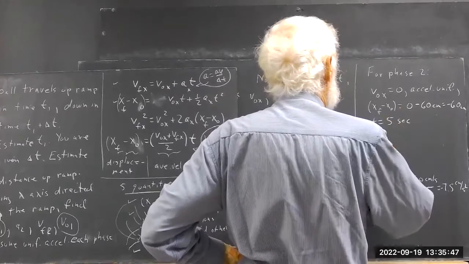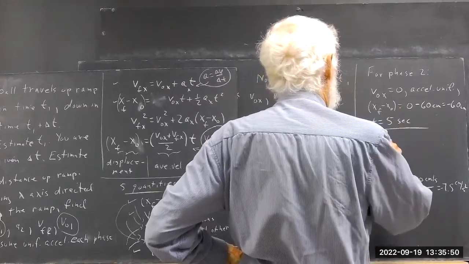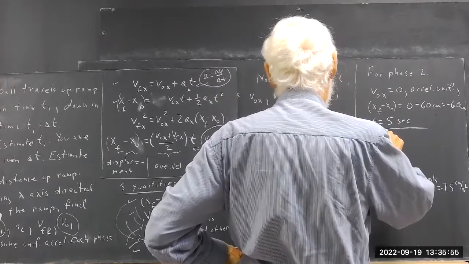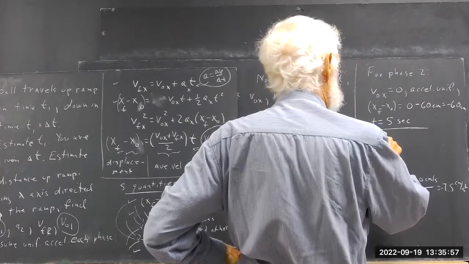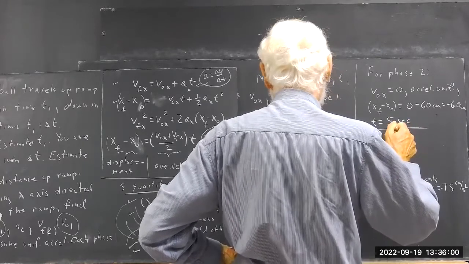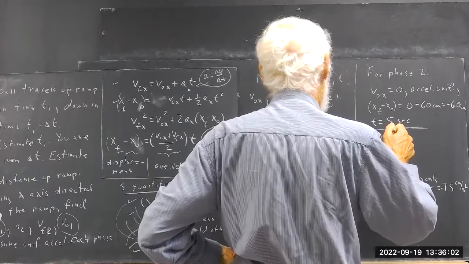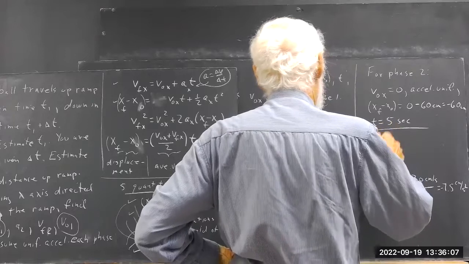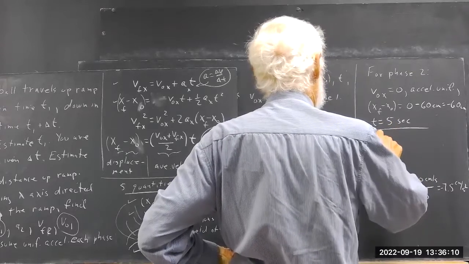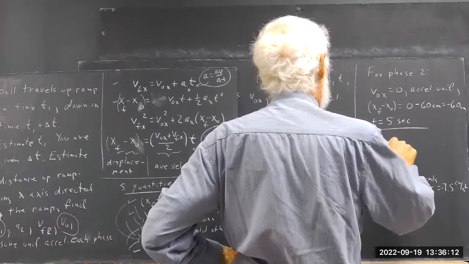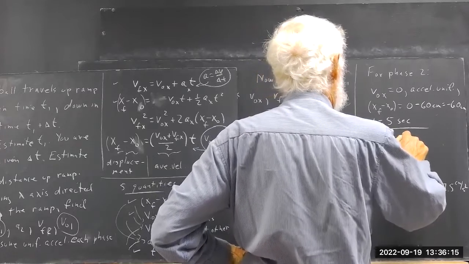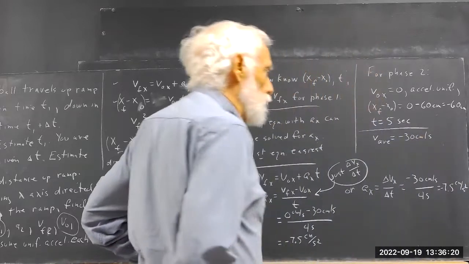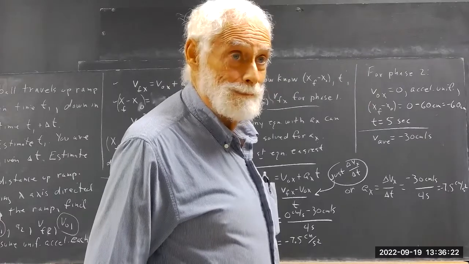So now, just intuitively, average velocity is negative 30 centimeters per second.